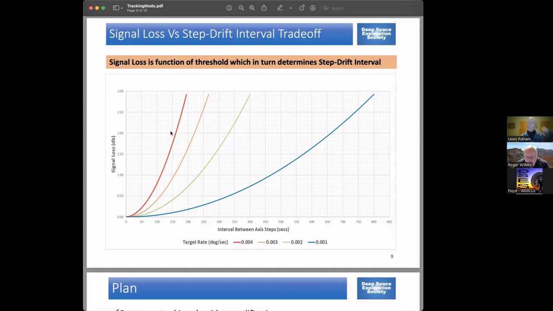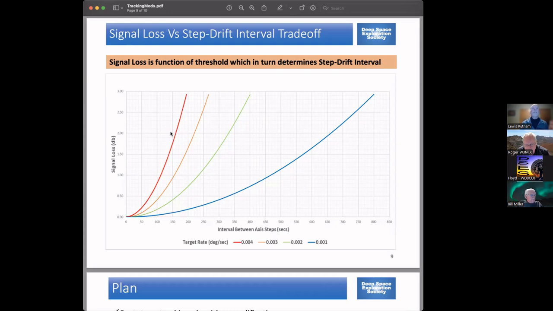But correct me if I'm wrong, this would be for a specific frequency and/or feed, because that signal loss is going to change depending on what frequency you're looking at. Is that correct? Let me think about that.